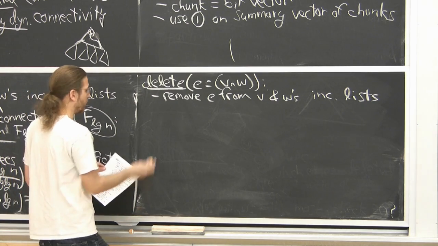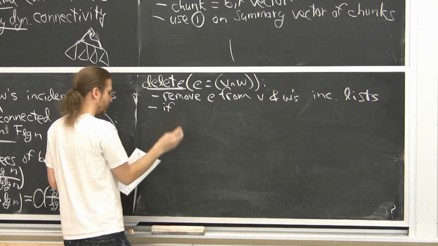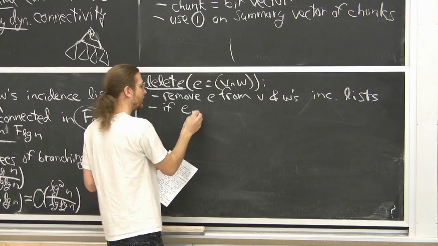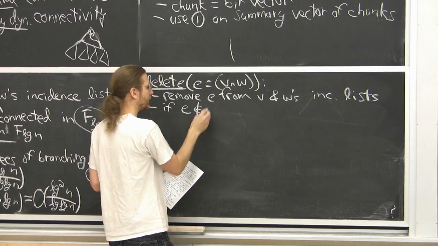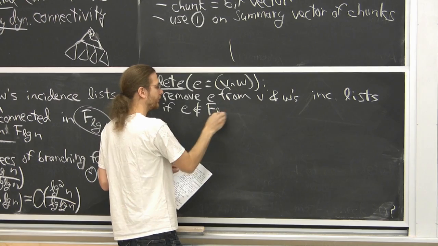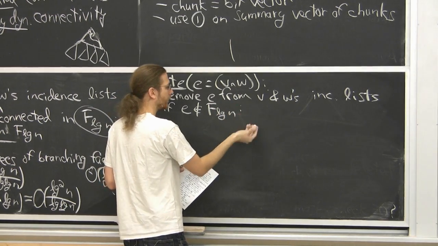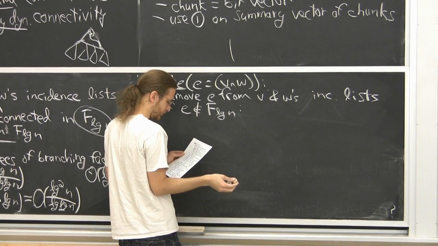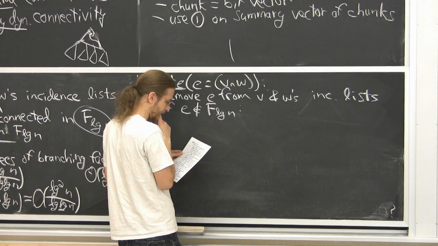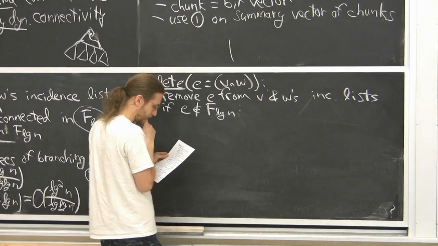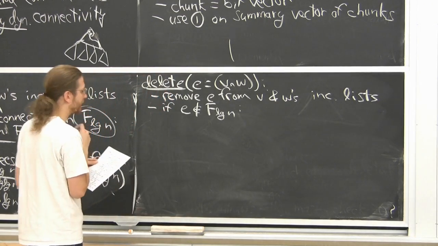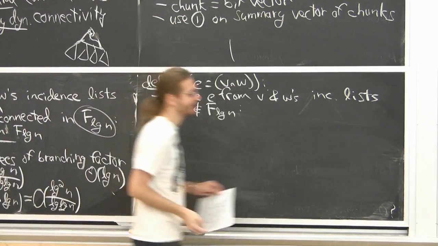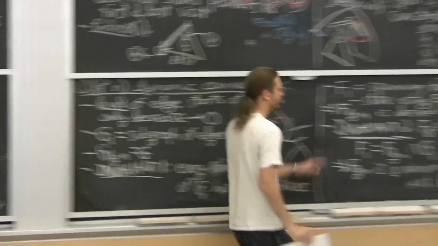Great. So, as I said, if E is not in this forest, what if it's in a lower level forest? Oh, I see, right. I forgot. Variant 2 says the forests are nested.